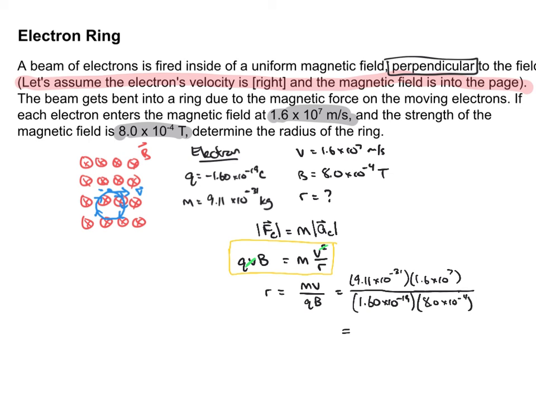Okay, so to 2 sig figs, I have 1.1 times, let's see, the power of 10 is going to be, I'm going to use my exponent laws here. So I got negative 31 plus 7, that makes negative 24. Take away negative 4 makes negative 20. Take away negative 19 makes negative 1. So just negative 1. So basically 0.11 meters or 11 centimeters.